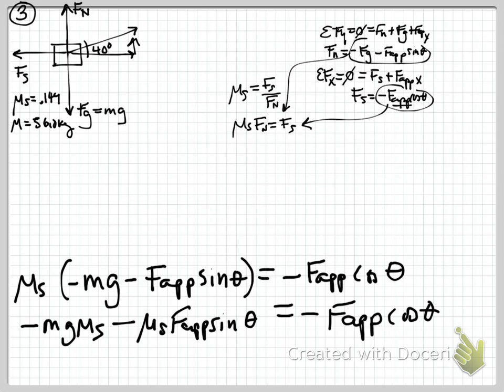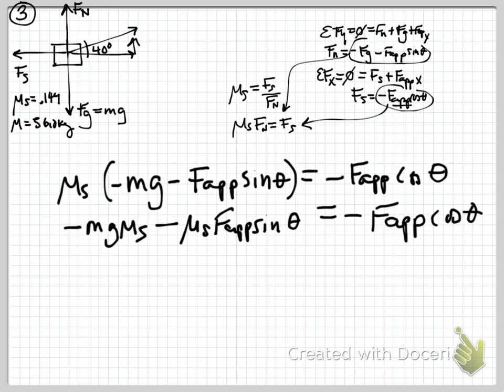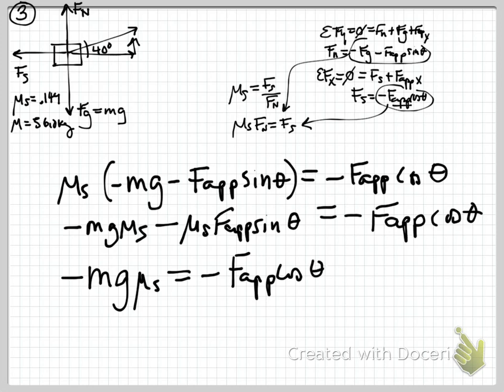And it's honestly the big mental saver for me. You know what? It's the same darn thing. It's identical. Oh, wow. I see why it didn't look identical to me at the time. So, negative mass gravity mu s equals negative F applied cosine theta plus mu s F applied sine theta.